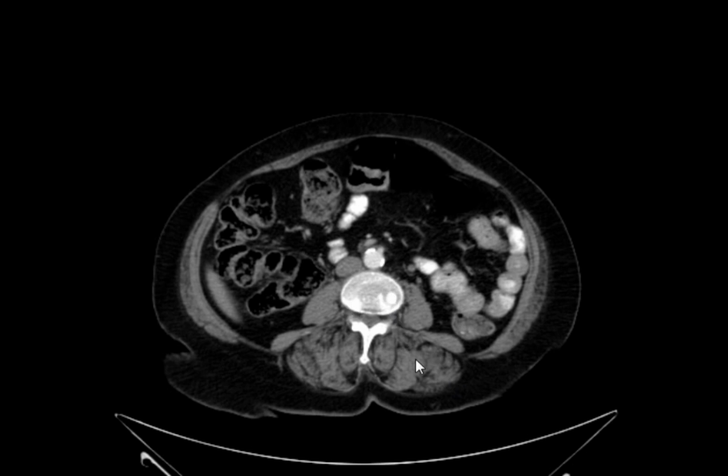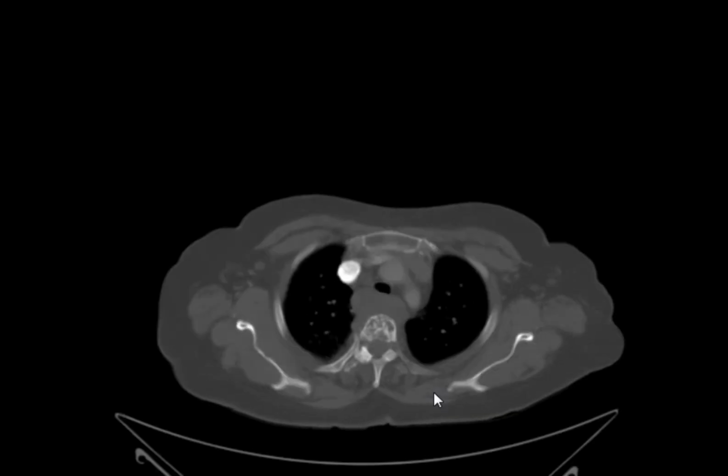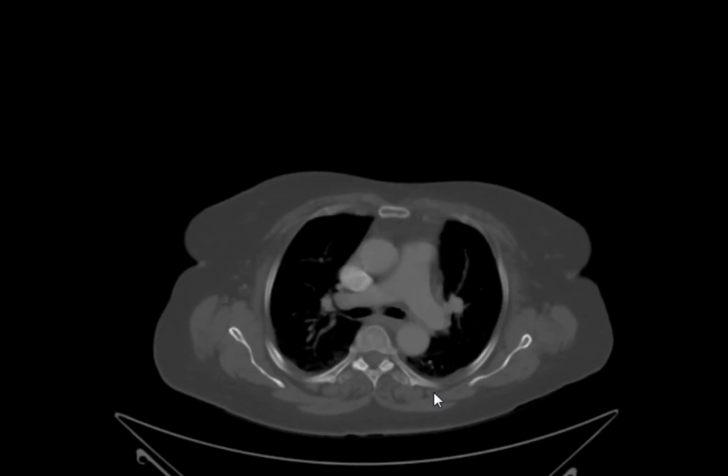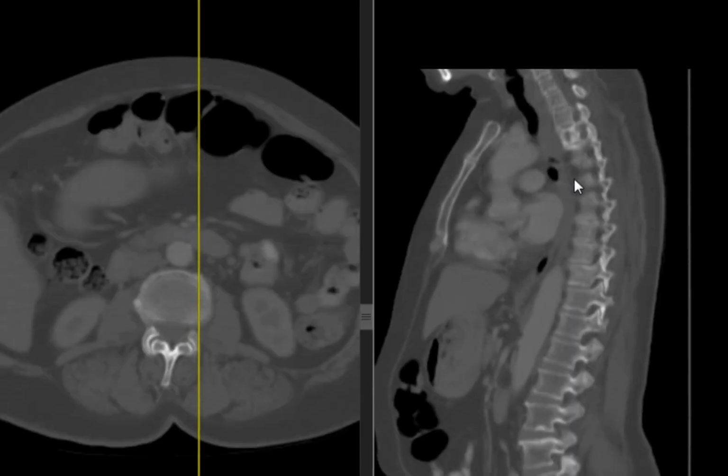Right. First of all, if you are looking for vertebral pathology, you have to go to the bone window, right? This one's heterogeneous.